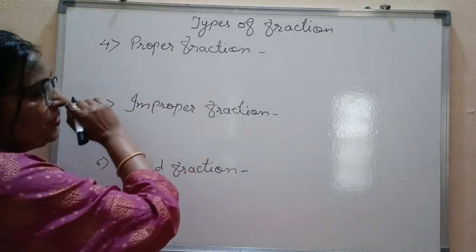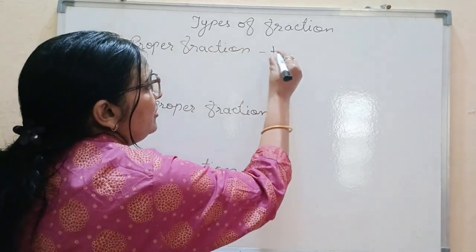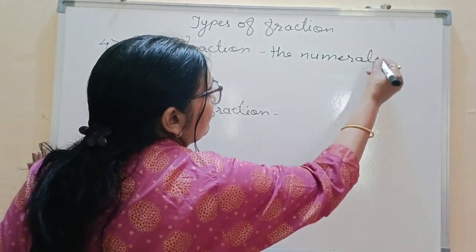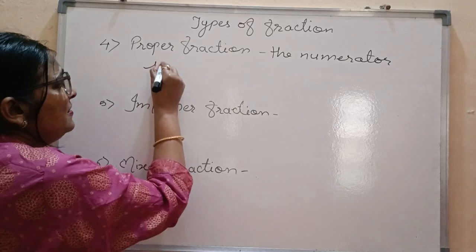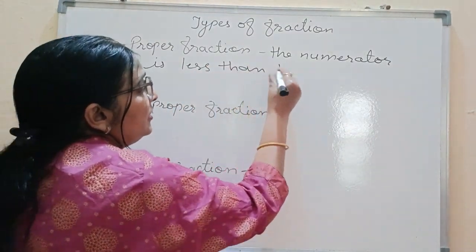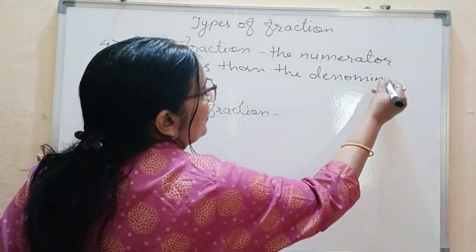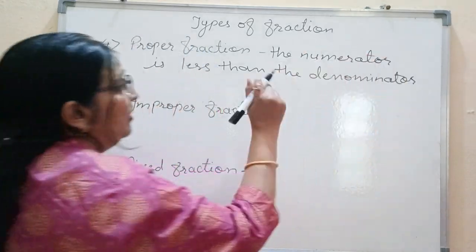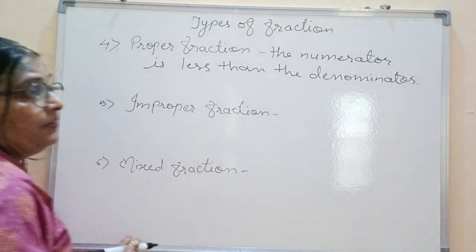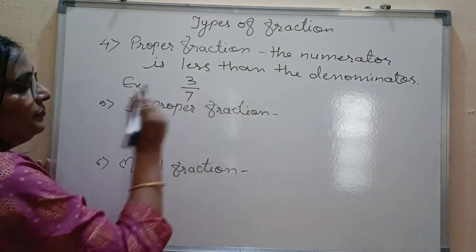Next, proper fraction. What is a proper fraction? A fraction in which the numerator is less than the denominator. For example, 3 by 7.